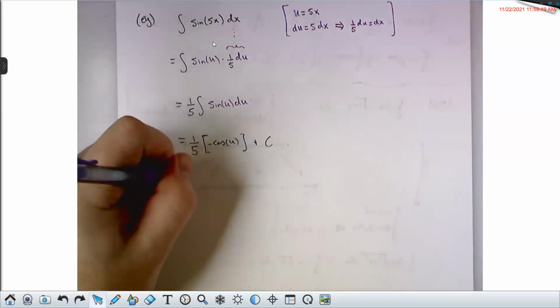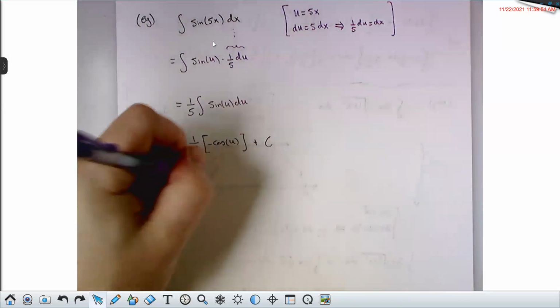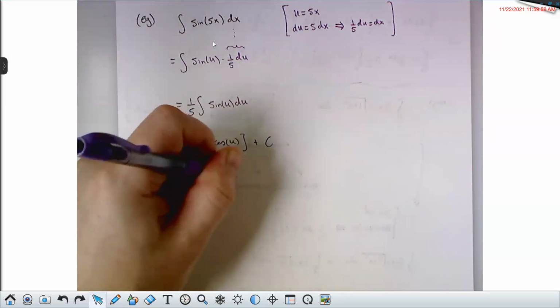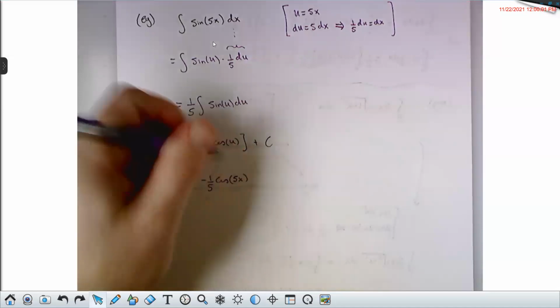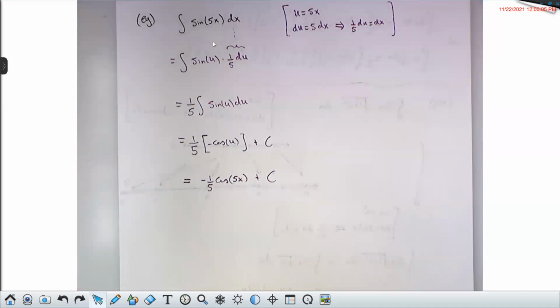And then finally, we simplify and we replace this variable by what it was originally. This is going to be negative 1/5 cosine of 5x plus c. And you can check, just like Daniel was checking when he talked about indefinite integrals last Friday, that if you differentiate this by the chain rule, first, the negative 1/5 would just come along for the ride.